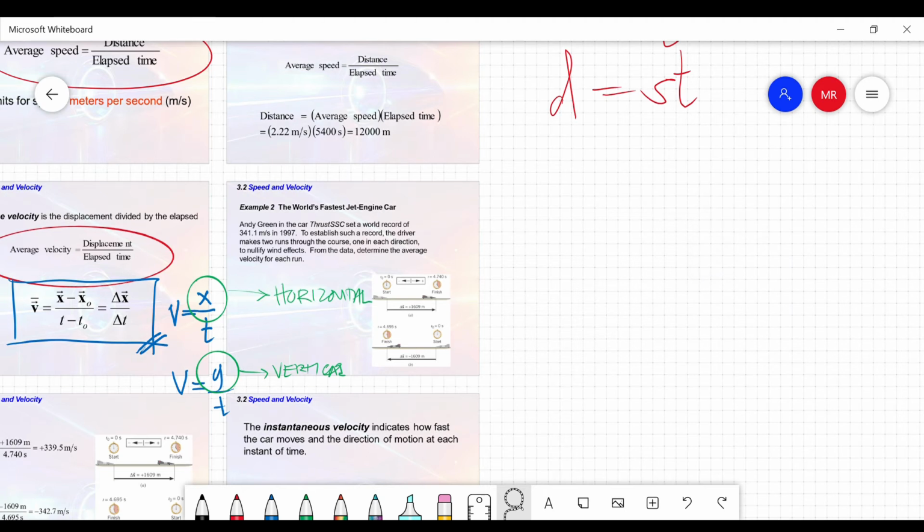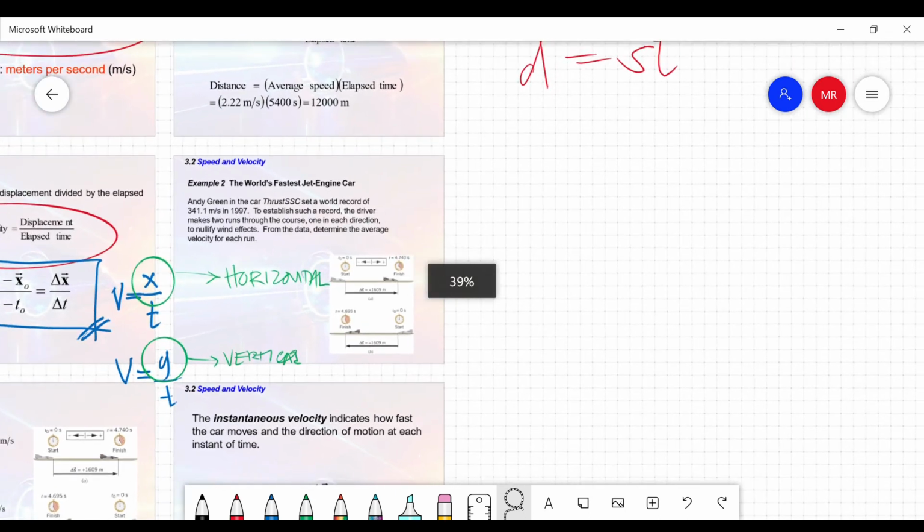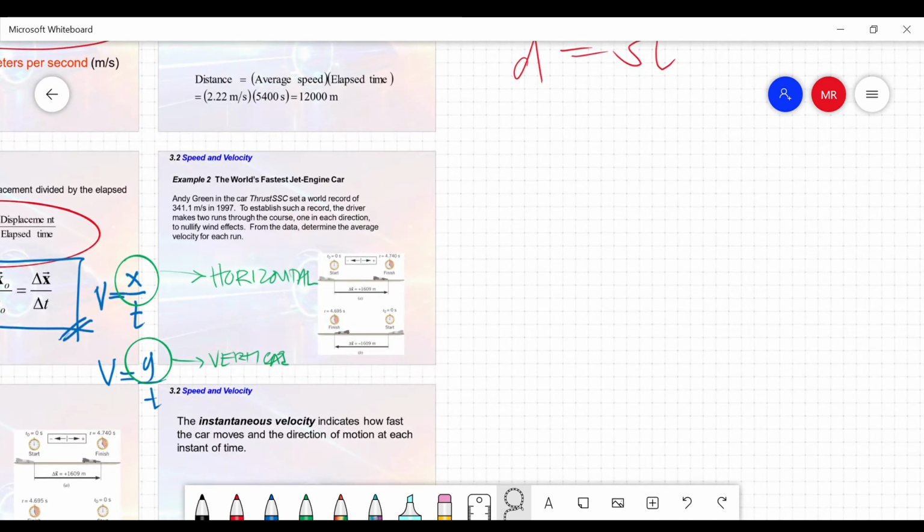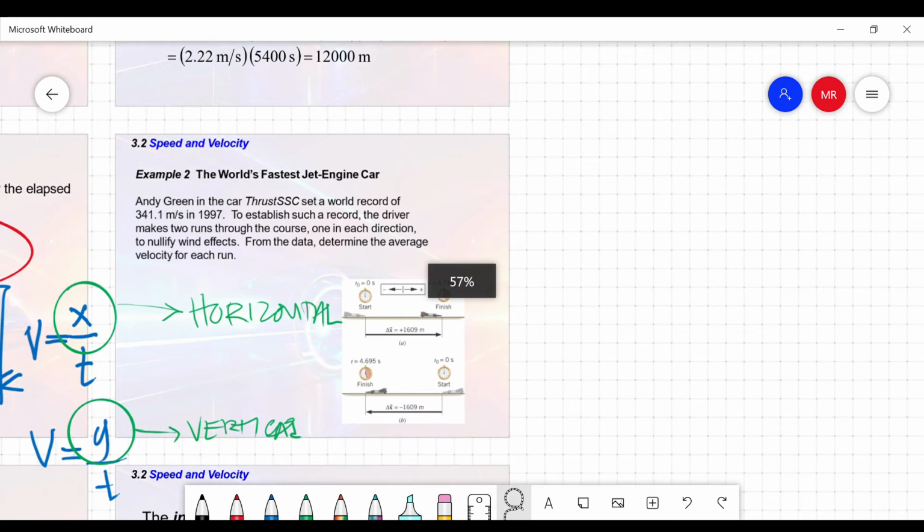So Andy Green, in the car Thrust SSC, set a world record of 341.1 meters per second in 1997. To establish such a record, the driver makes 2 runs through the course, 1 in each direction, to nullify wind effects. So from the data, determine the average velocity for each run.